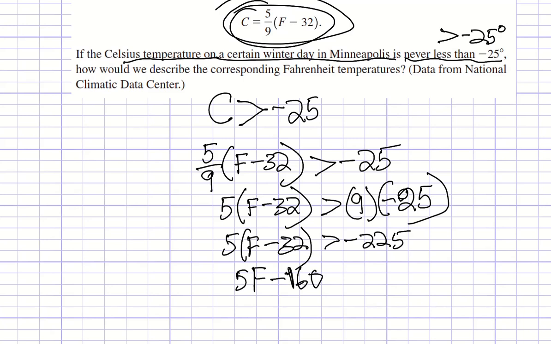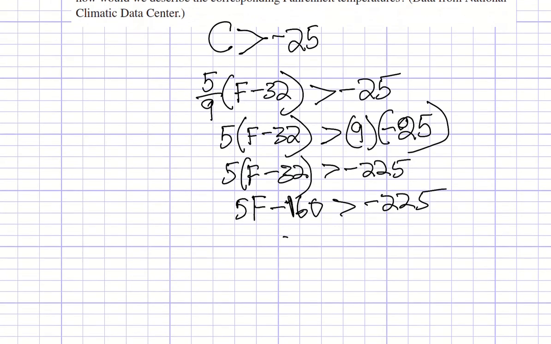5F is greater than minus 225, and then you gotta move things around. You say 5F is greater than minus 225 plus 160. When you move 160 to the other side, it becomes plus. I mean, there's no magic there.